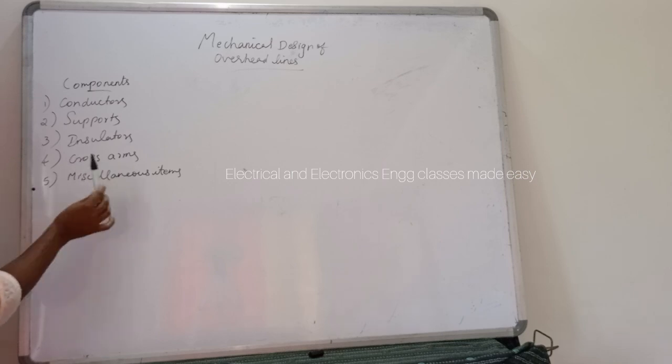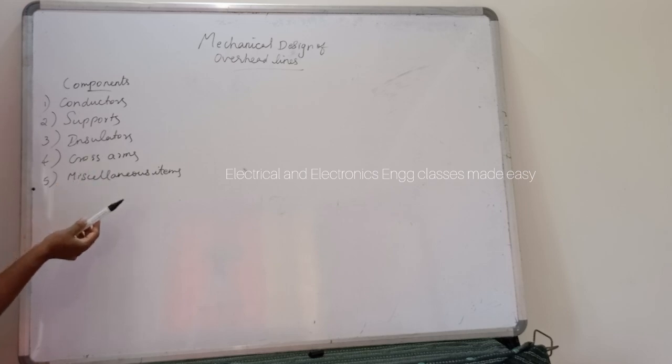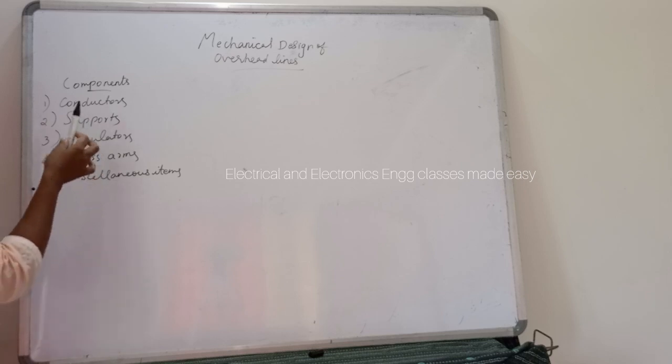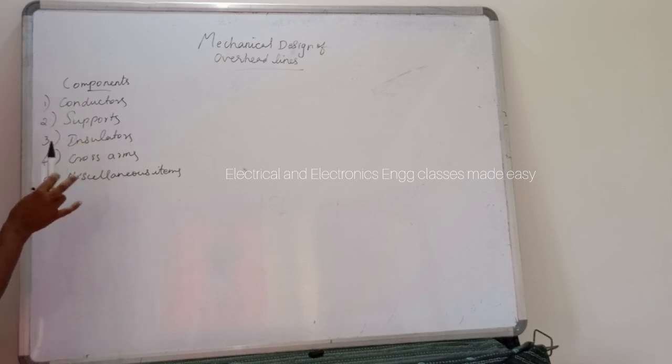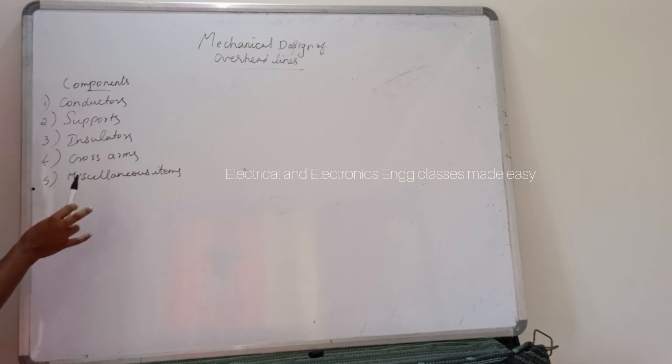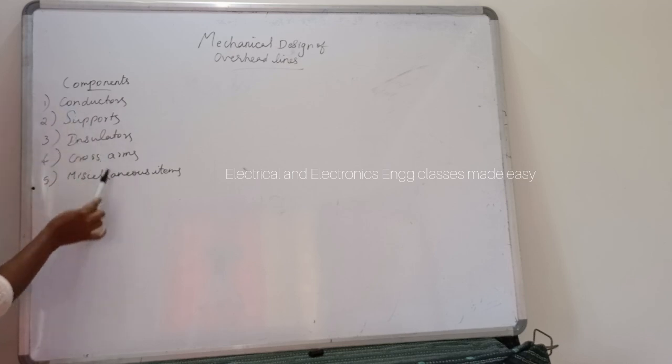Then miscellaneous items like face plates, danger plates, lightning arresters, anti-climbing wires, etc. So these are the main components of an overhead line. The continuity of operation in the overhead line depends upon the judicious choice of these components. So let us discuss these components in detail.